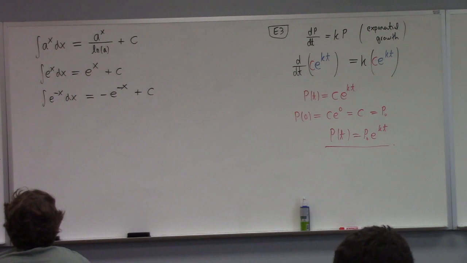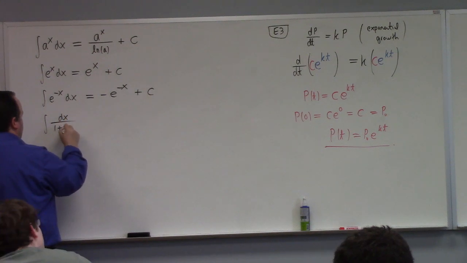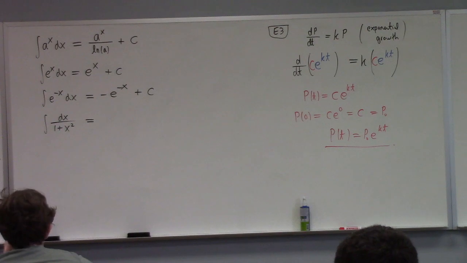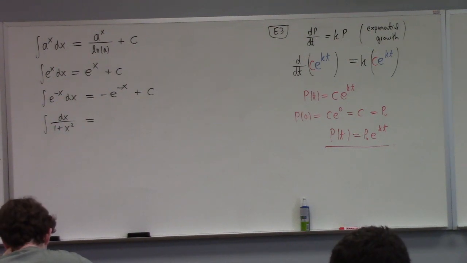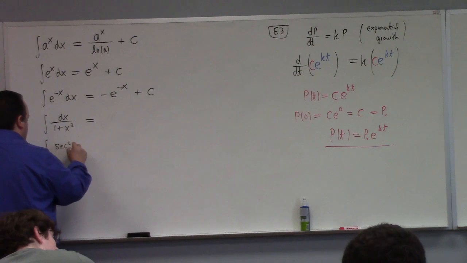All right. Let's see here. Another one. Integral of dx over 1 plus x squared. What would that be? What can I differentiate and get 1 over 1 plus x squared? Nope, doesn't work that way. Nope.